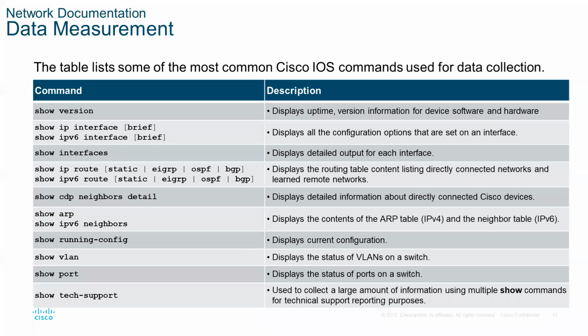Your configs, how often have you made a change and not saved it out and backed it up properly? Your VLANs will give you a list of what active VLANs are on any given switch, and the show port status will tell you what ports are doing what on the switch.